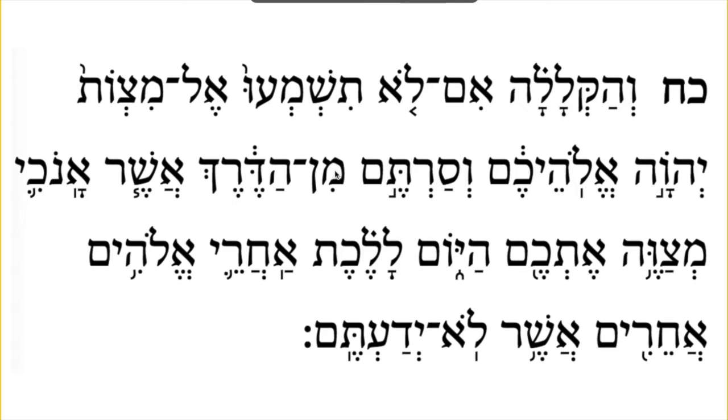Okay, and this is a mem with a chirik and a nun sofit. This is min. Can you say that word? It's very easy. Min. It means, does anyone know what that means? Means from, good. From or out of, okay? So if you turn away from, in this context, I think would be the best translation, from. This is a hey with a patach, it says ha. A dalet with a segol says de.